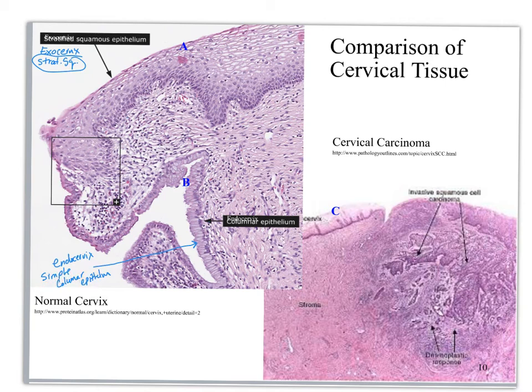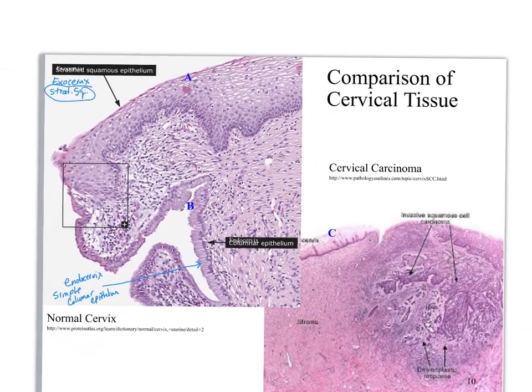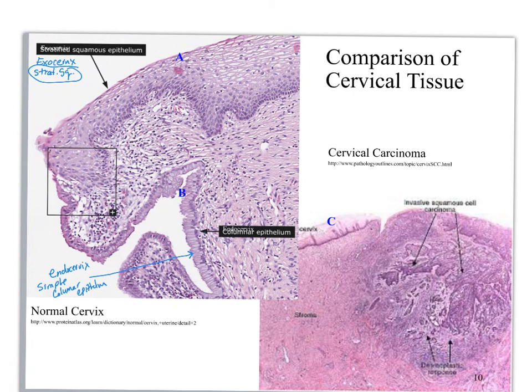Now what does that tell you about the function? So if it's stratified squamous, functionally, what are those cells going to be doing? All right, those are our sacrificial cells.